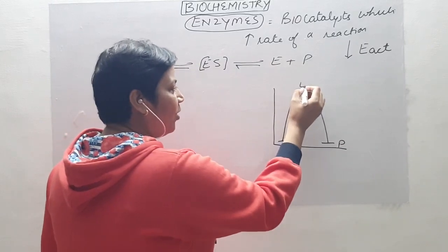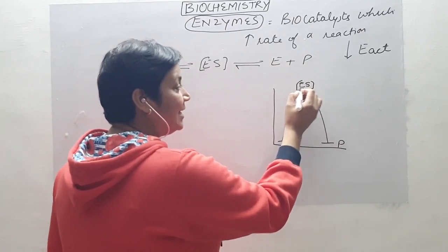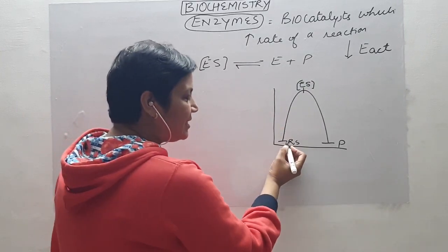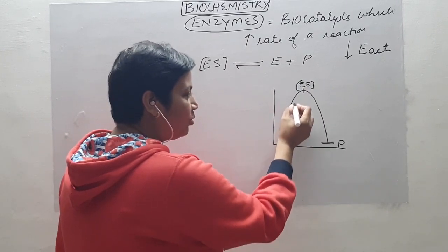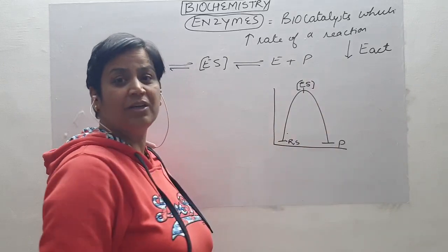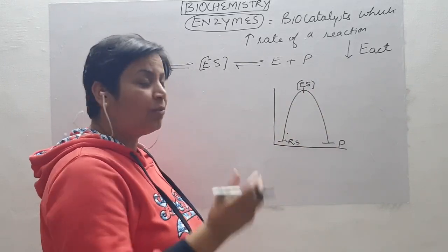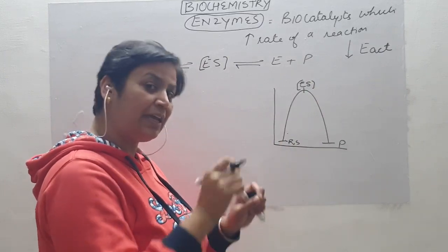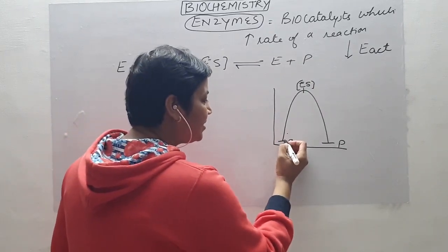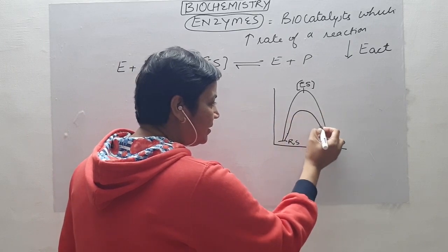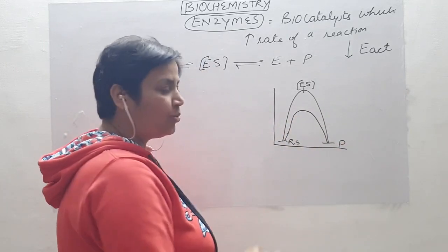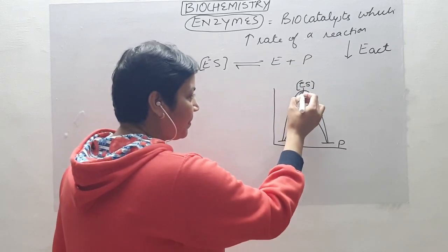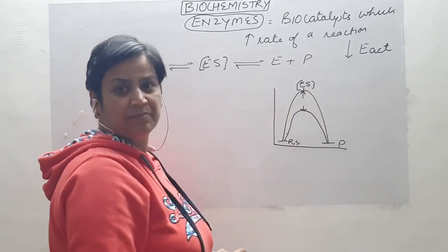This is the state of the formation of the enzyme-substrate complex. You can see these reactants have to climb up to this much, then only will they be converted to products. This reaction is without the presence of the enzyme. If we add enzyme, the reaction will be like this. So you can see we have decreased the time.